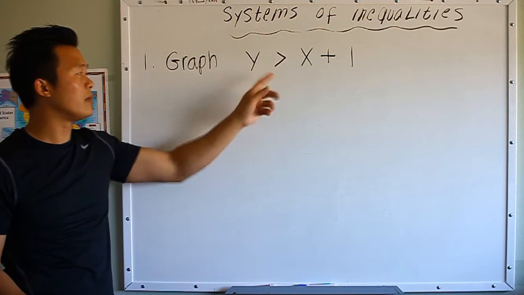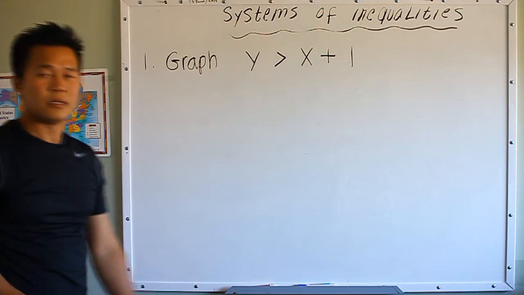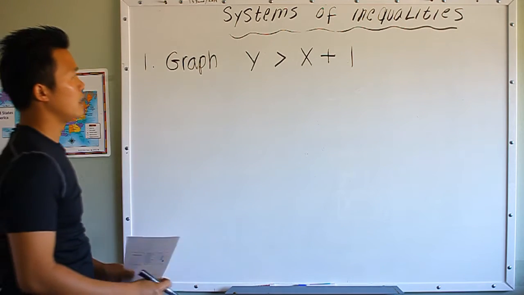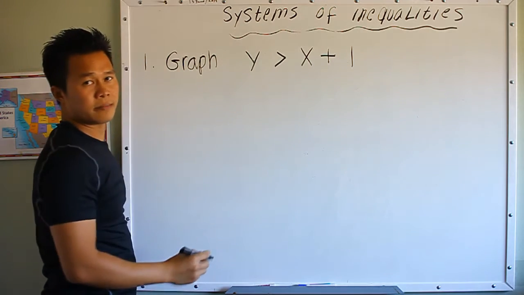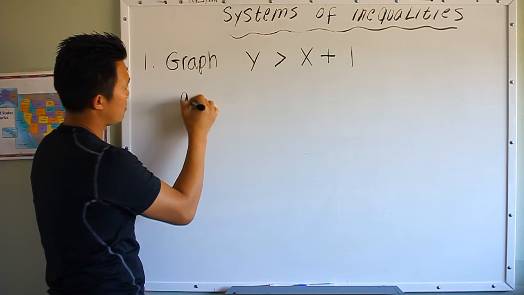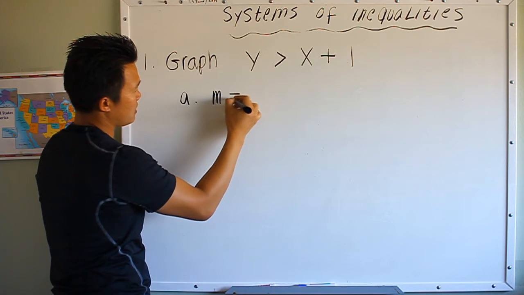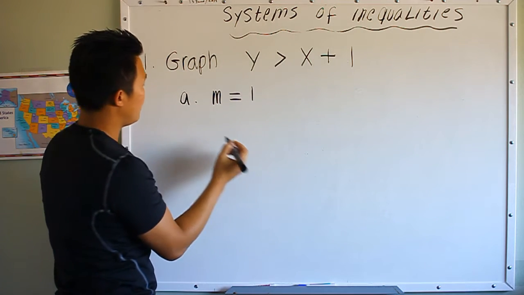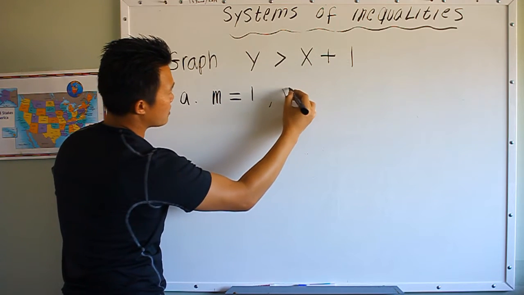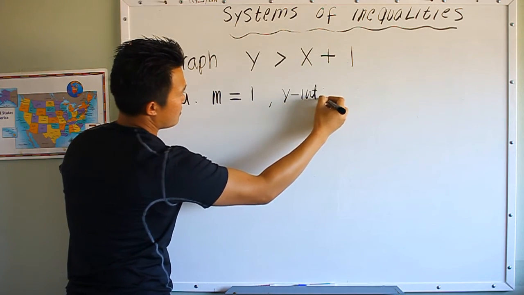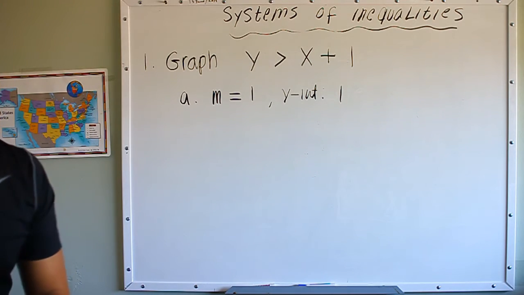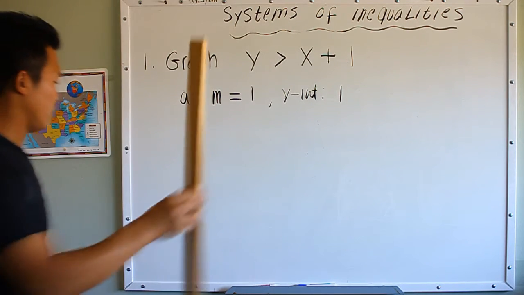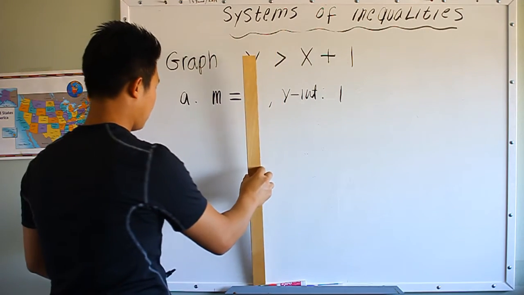To graph the inequality y bigger than x plus 1, the first thing we notice is that it's in slope-intercept form already. So the slope is equal to 1, right? And the y-intercept is 1. So the next step is to construct an xy plane, which would look something like this.